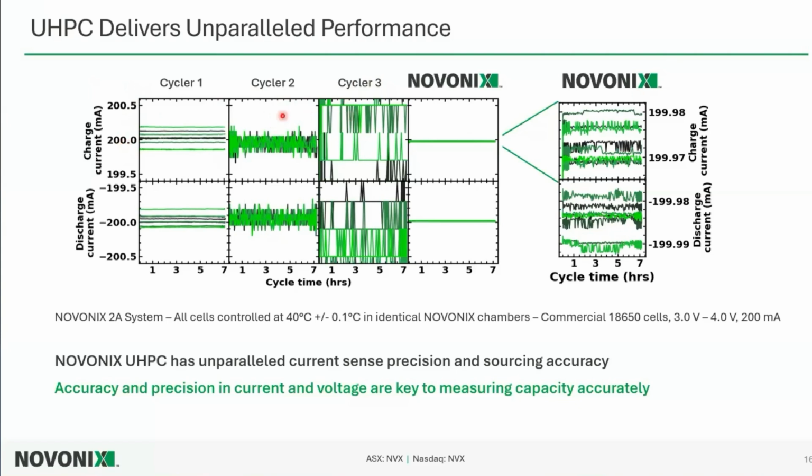Whereas cycler 2 and 3, you can actually see the resolution of these cyclers is limited by, say, this 16-bit precision that it has, or this 8-bit precision that this cycler has. So when you have this bit switching between these points here, it means that any time you're, say, in this bit, you may be overcounting, and then here you may be undercounting. And that error gets aggregated over time and integrated into your cycle metrics.